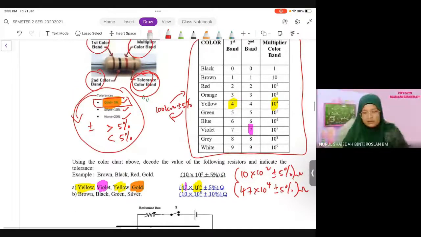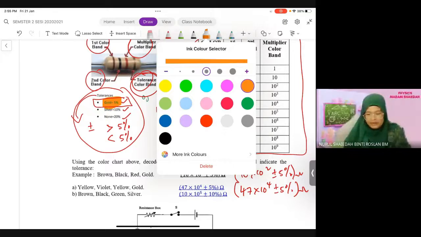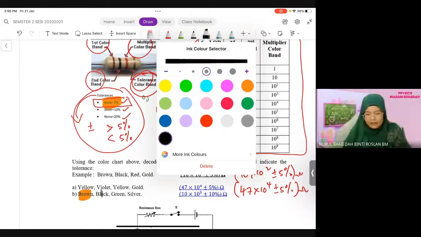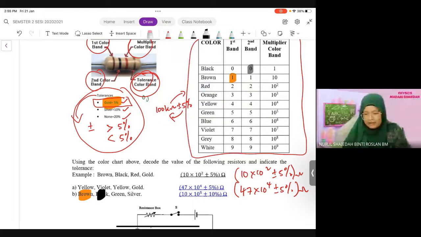Okay, kita tengok pula satu lagi color. Ni adalah brown. First band you adalah brown, 1. Okay, the next one adalah black. So black adalah 0.